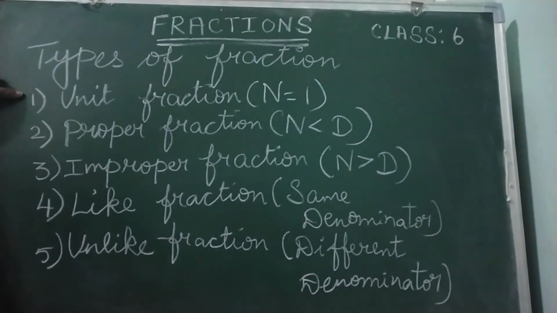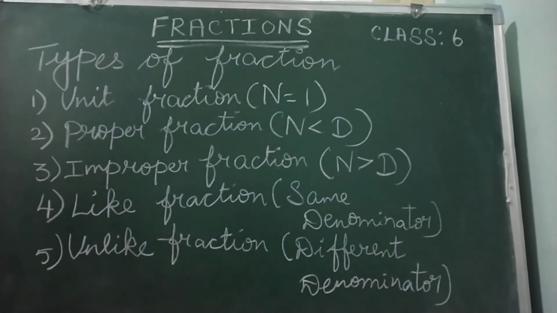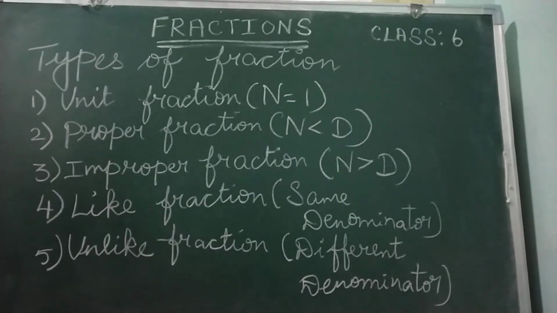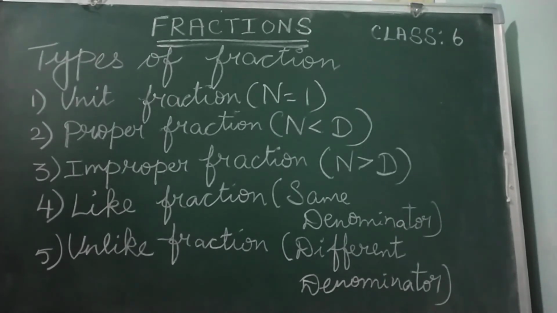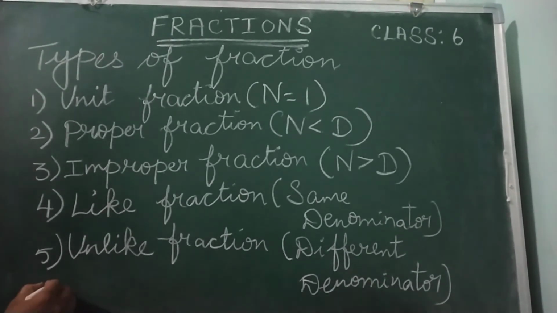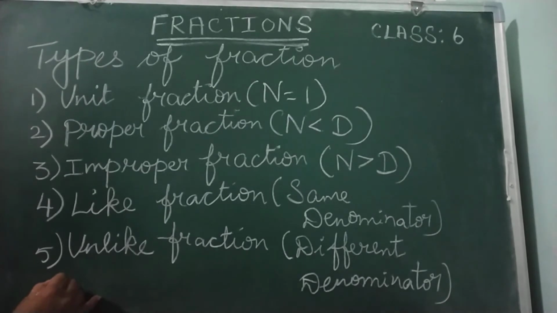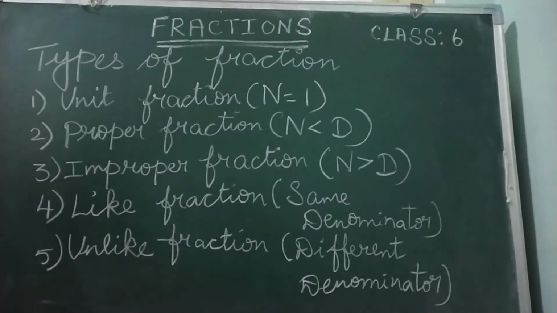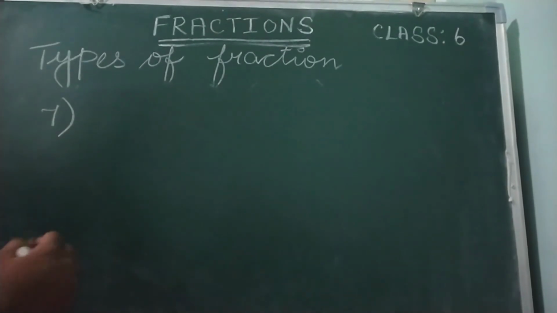Okay, first one is unit fraction, proper, improper fraction, like fraction, unlike fraction. Then 2 more are there, that is vulgar fraction and decimal fraction. Before, you all learned about unit fraction, proper, improper fraction, like, unlike, right.